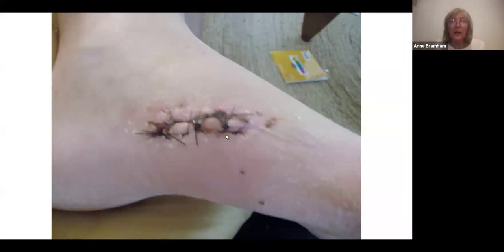This is how he looked the day before he went in to have his stitches out. All the edema has completely gone. You can see the skin is a little dry. That's normal with edema. Again, it's because the fluid exchanges have not been made correctly. But this is looking really healthy, like healthy tissue.